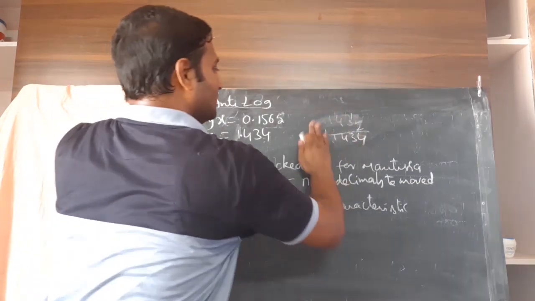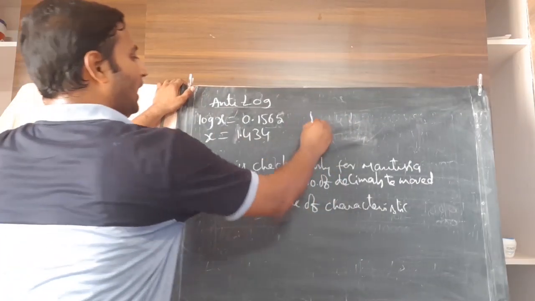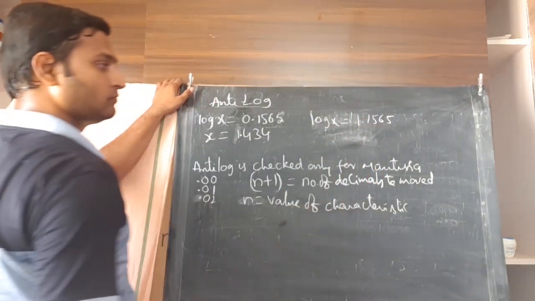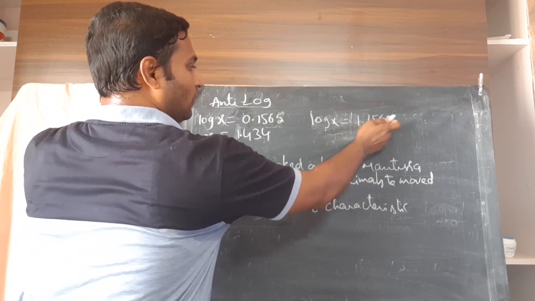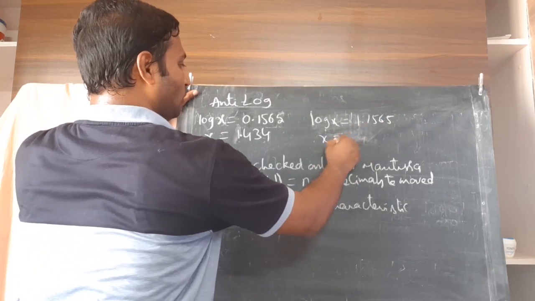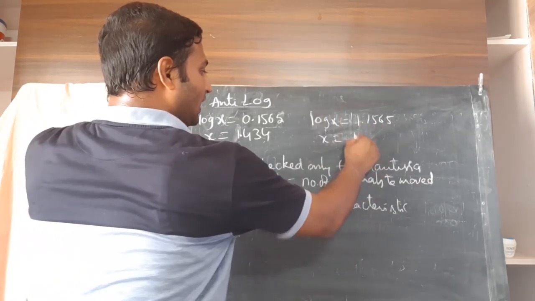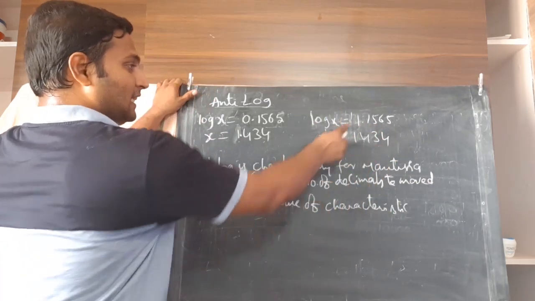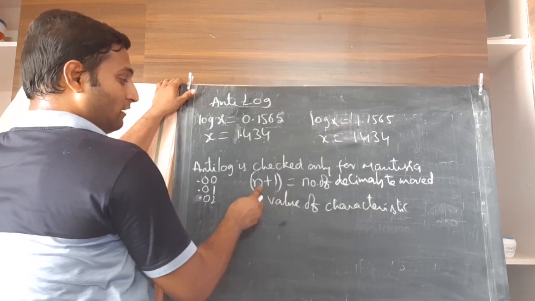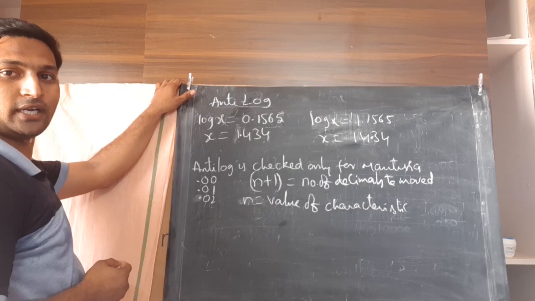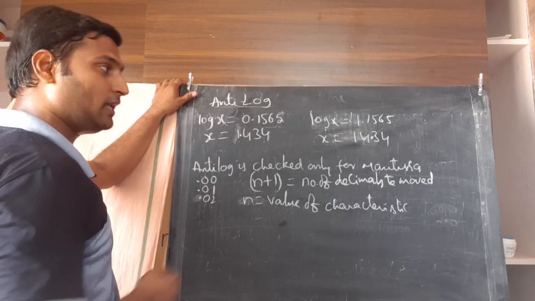Now I'll give you a simple explanation here. What if log x is given as 1.1565? Again, 0.15 under 6 mean difference 5 in the anti-log table gives you 1434. Then you have the characteristic 1 here. You have to move 1 plus 1, 2 decimals. So the answer will be 14.34. Getting my point?